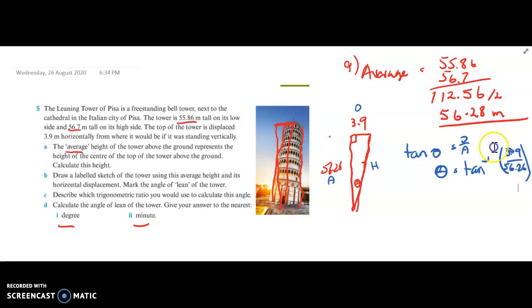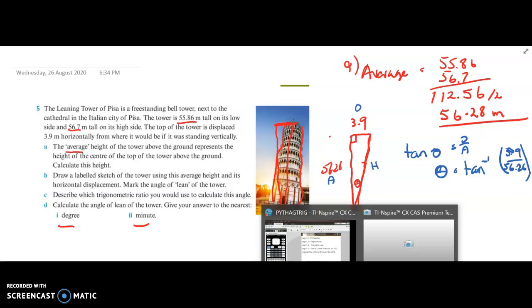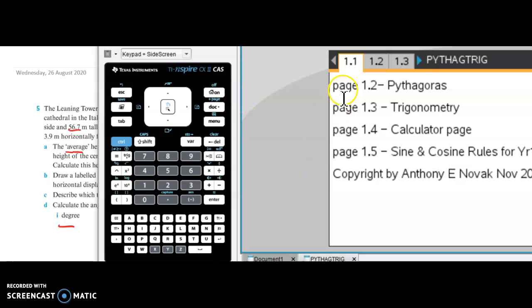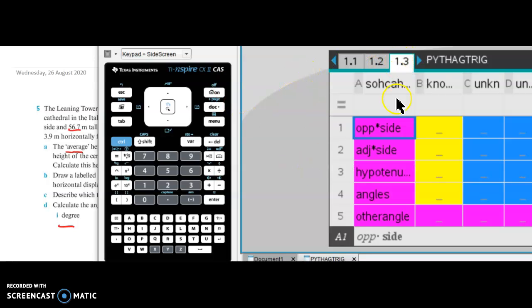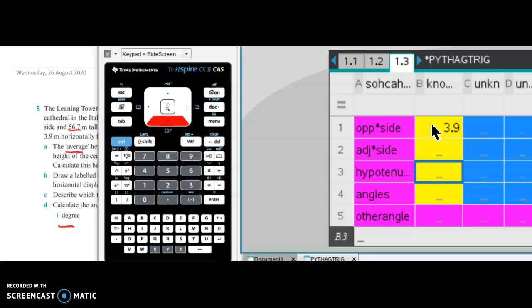And we go to our calculator for that. Remember, you guys are in my class, so we've got the trig. Let's go trig. The opposite side was 3.9, and the adjacent was 56.26.